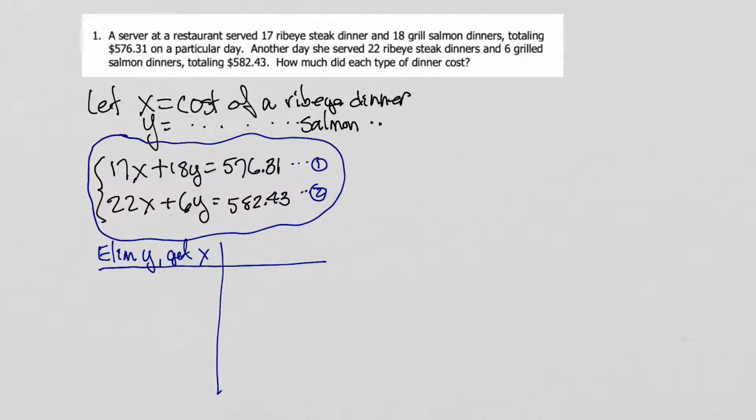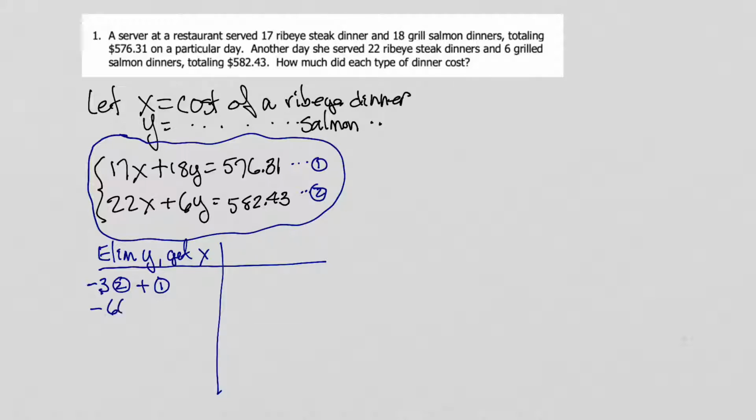So the plan is this. Negative 3 times equation 2 plus equation 1. So when I multiply negative 3 through equation 2, multiplying everything in here by negative 3, it comes out like this.